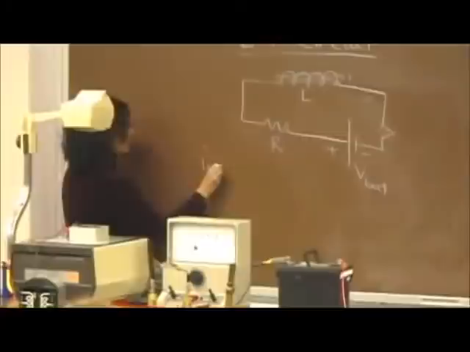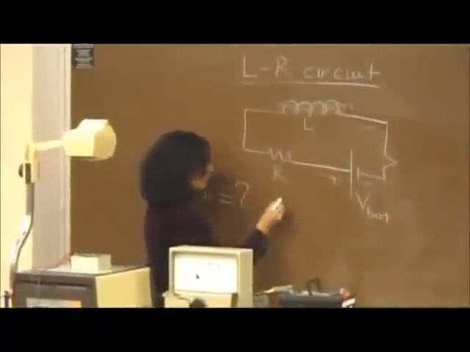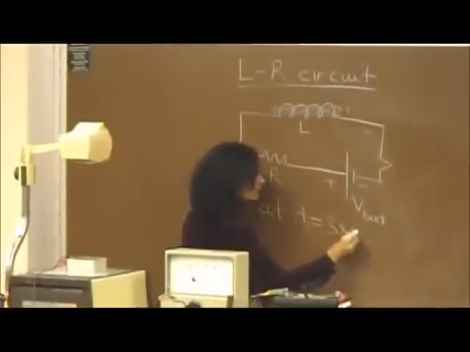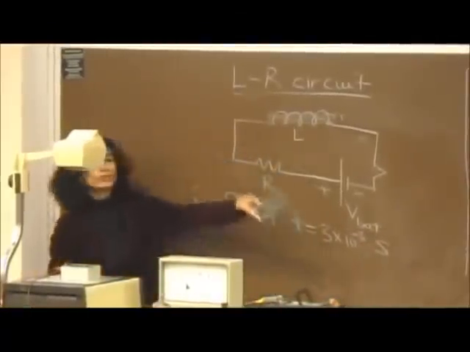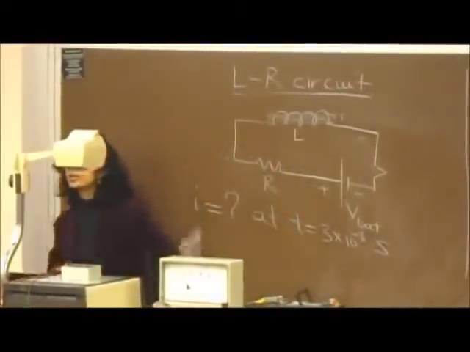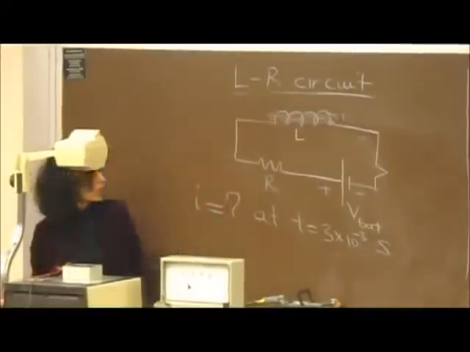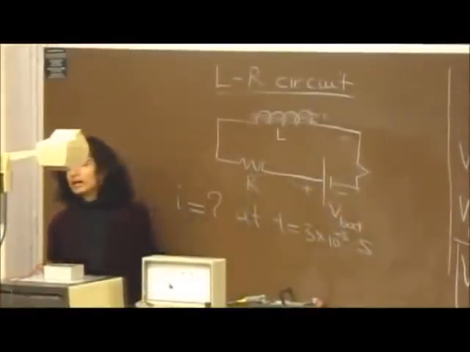So here is the thing, the job here now is to find this. You have to tell me what is the current in this circuit as a function of time. So for example, I could ask you at t equal to 3 milliseconds, or t equal to 5 milliseconds, or t equal to 30 milliseconds. Can you tell me how much should be the current? And no, it is not going to immediately become V divided by R. That won't happen.